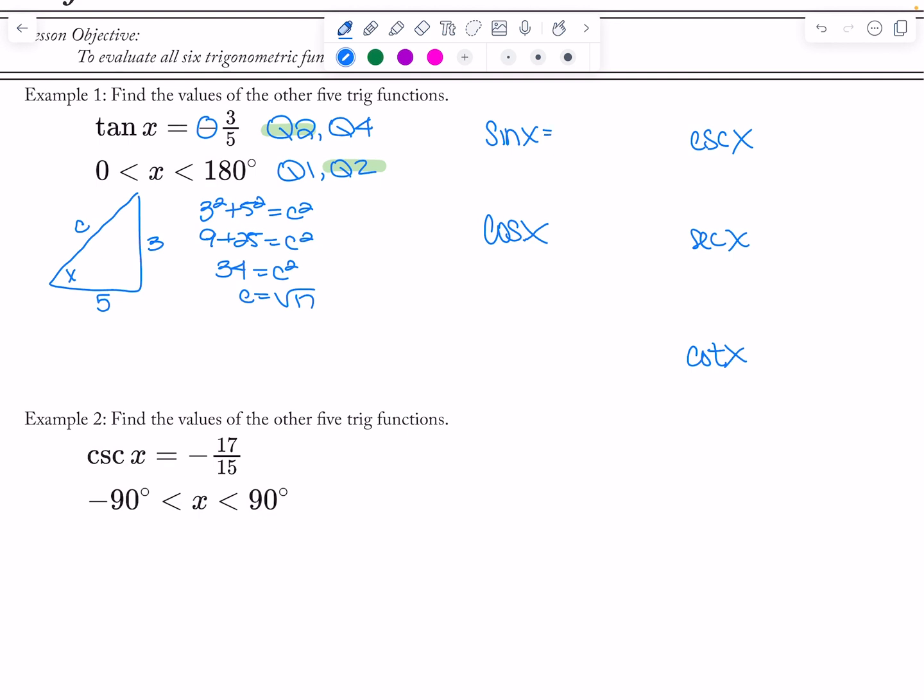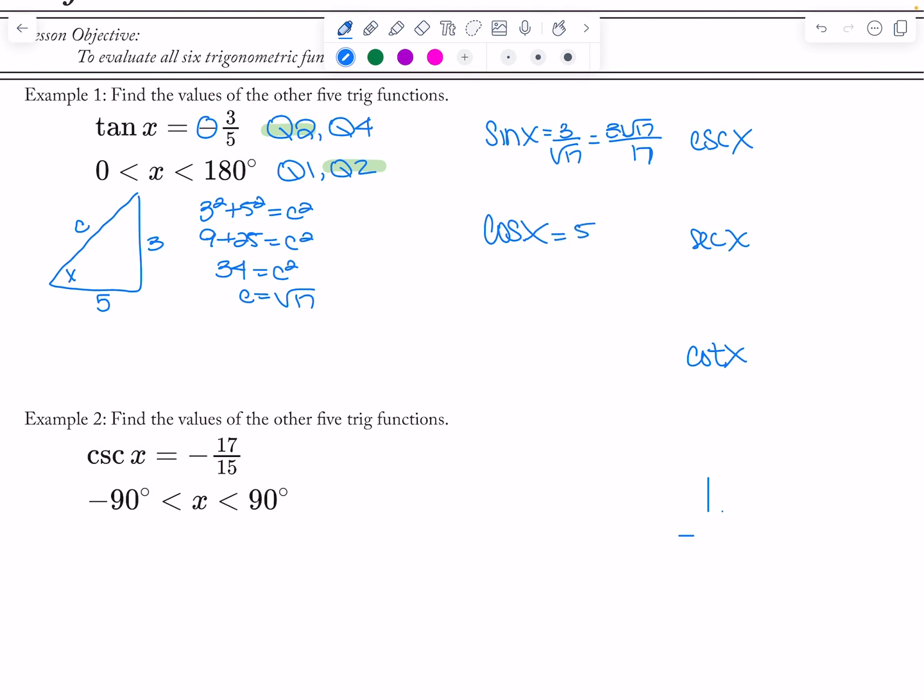When I do sine of x, that will be opposite over hypotenuse. So that's 3 over the square root of 34, which is 3 root 34 over 34.